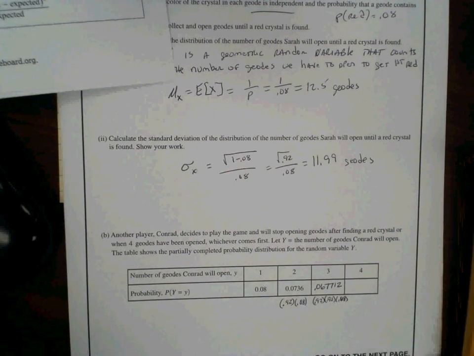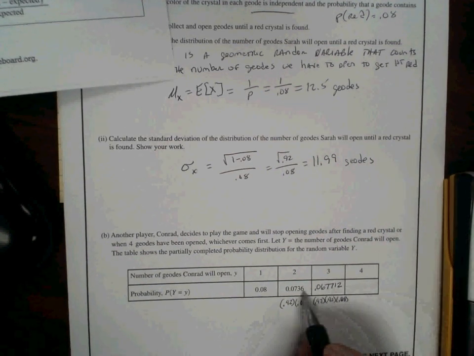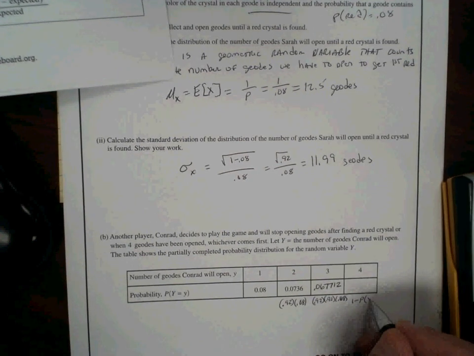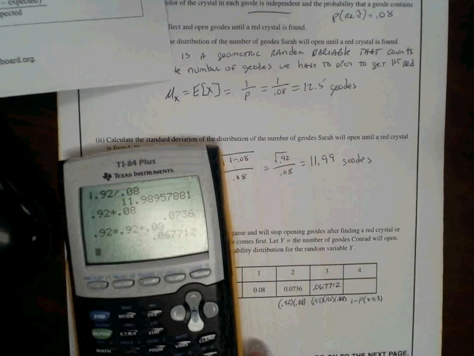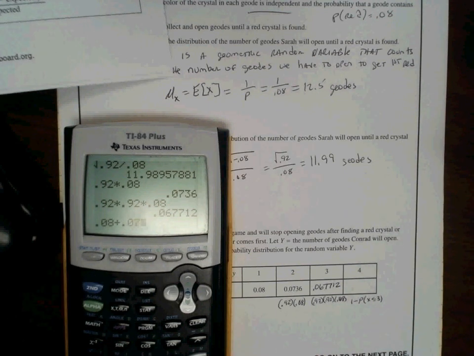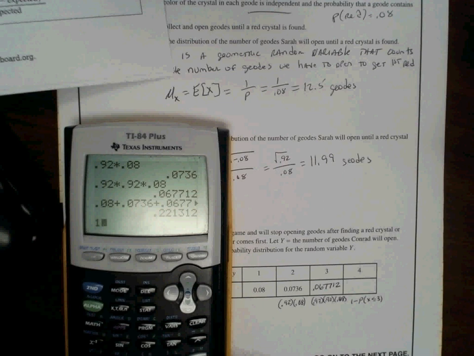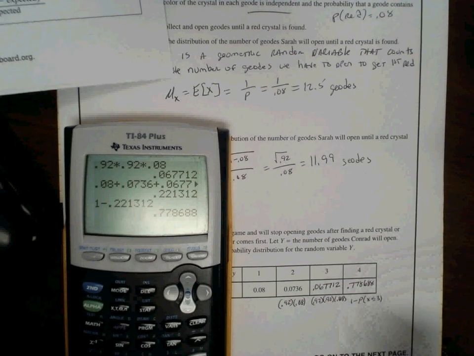And now to get the fourth, since he's going to stop no matter what, red or nothing, we're going to add all those up and subtract them from 1. This is 1 minus the probability that y is less than or equal to 3. So we're going to do 0.08 plus 0.0736 plus 0.067712, and subtract that from 1 and get 0.778688.